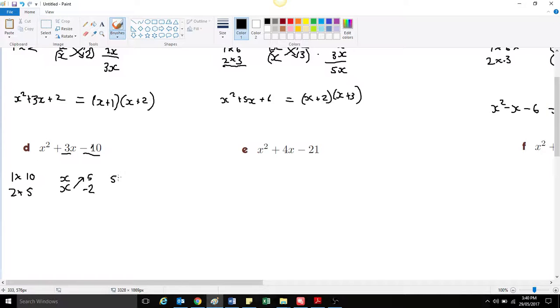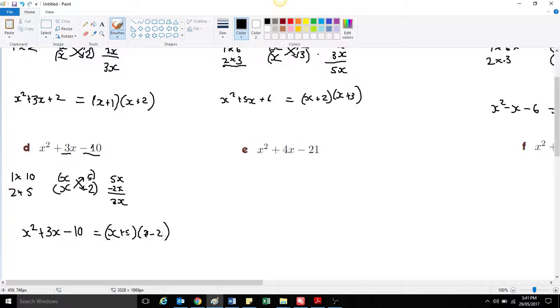We go x times 5 is 5x, x times minus 2 is minus 2x, and when we add that together, we get 3x. Okay, so we wrap the bracket around them like this, and so we have x squared plus 3x, take 10, is equal to x plus 5 times x take 2.